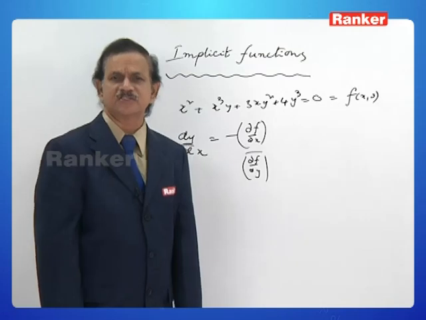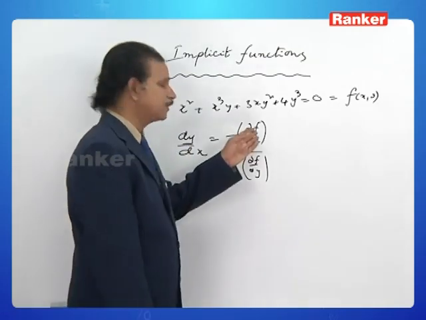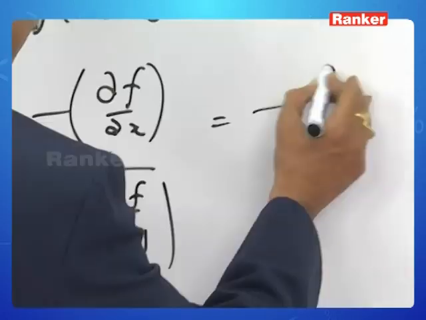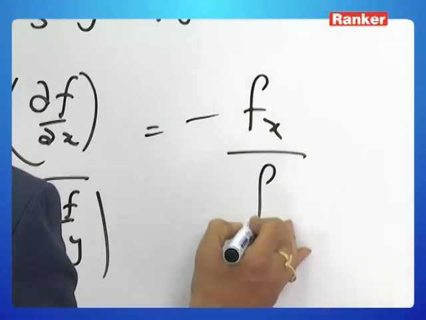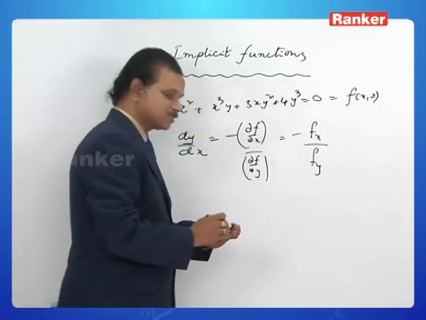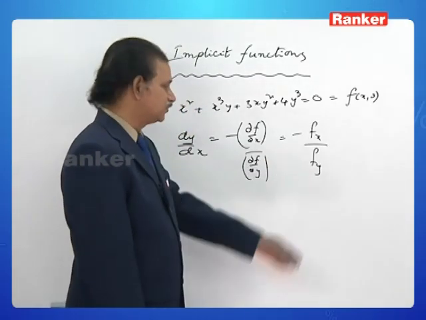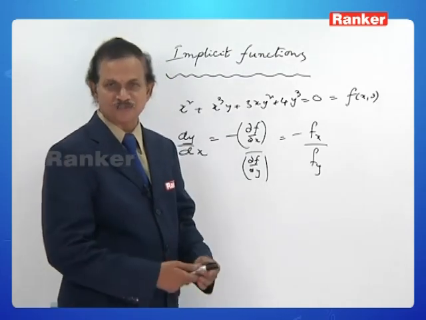That differentiation is called partial differentiation with respect to that particular variable. This is also symbolized as minus fx by fy. fx is the partial derivative of f with respect to x. fy is the partial derivative of f with respect to y.